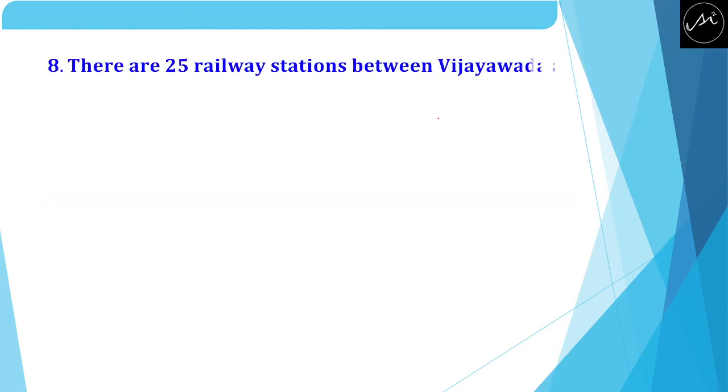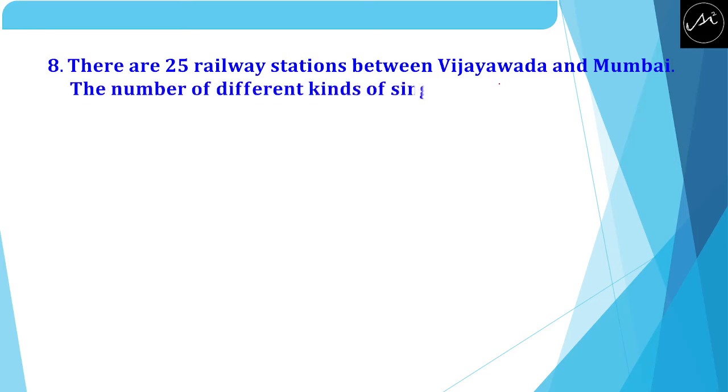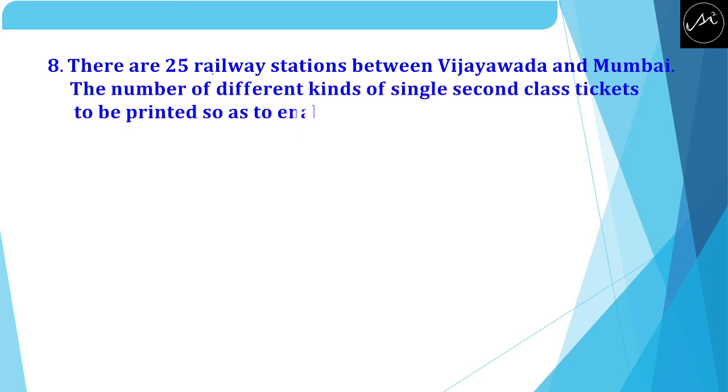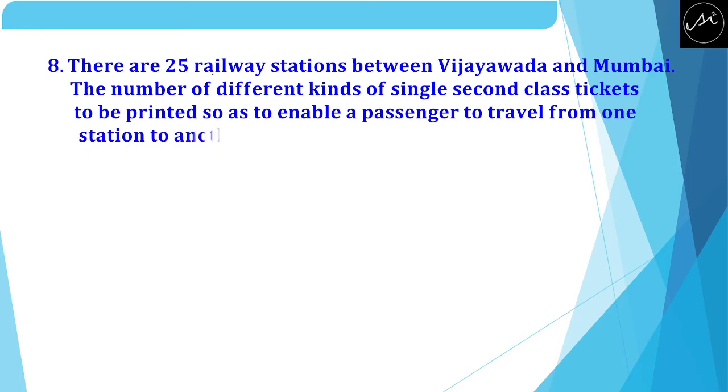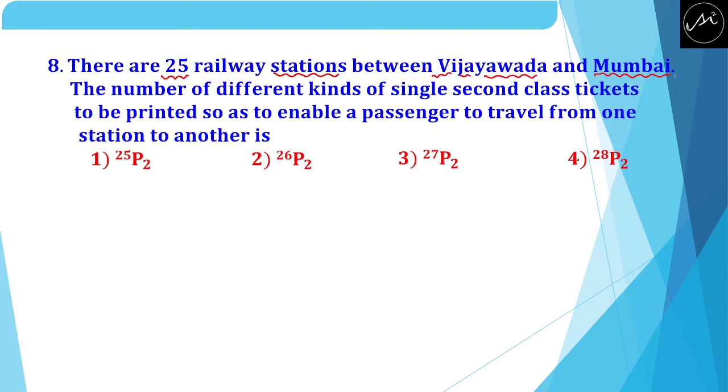Now let us move to the 8th problem. See, there are 25 railway stations between Vijayawada and Mumbai.